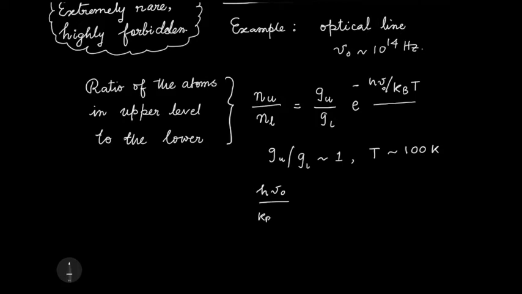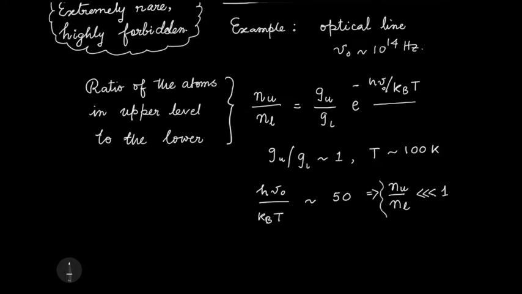So I have this quantity in the exponential. So if you calculate for this frequency 10 to the 14 hertz and temperature of 100 Kelvin, this will come out to be of the order of 50, which implies Nu by Nl is almost 0. It's much less than 1.